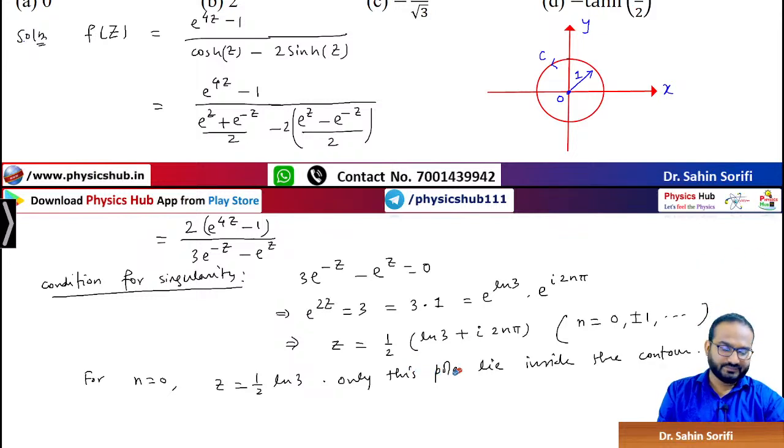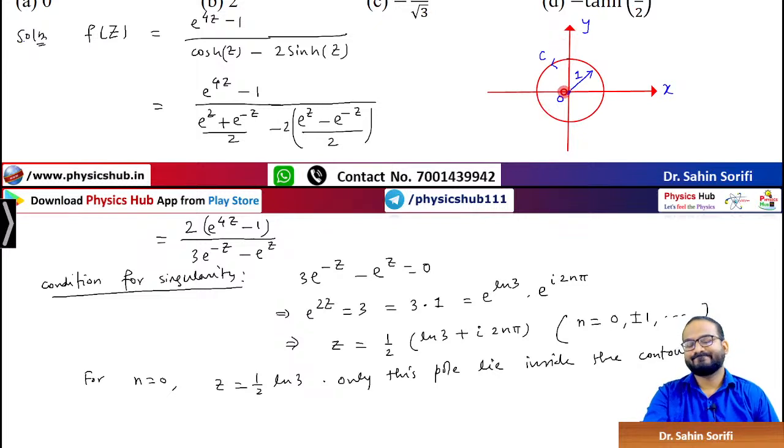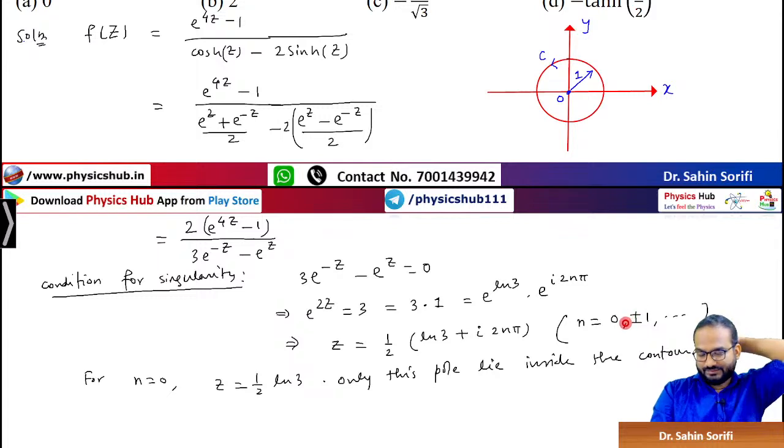Getting the point, Hari? Fortunately, for this problem the contour has a radius of one unit only. If the contour were big enough, let's say a very big radius, like half ln 3 plus 2 pi i, then you would have to consider the second pole also by putting n equal to plus 1 or minus 1.